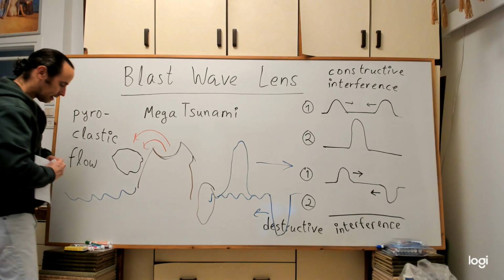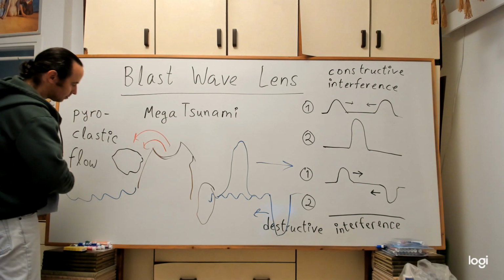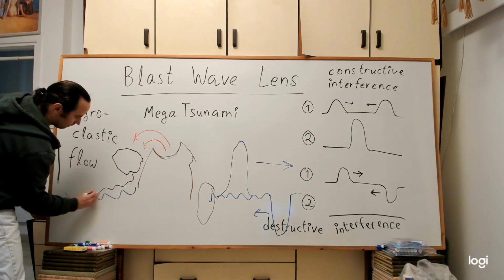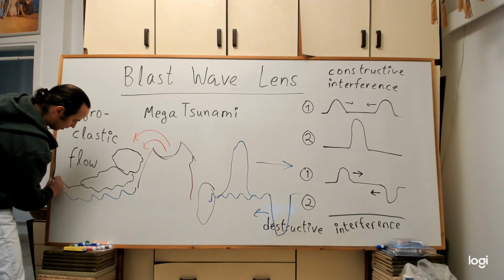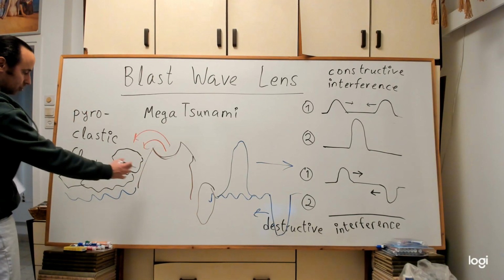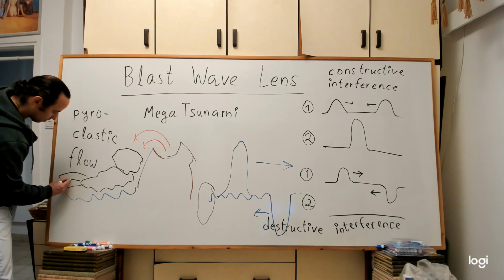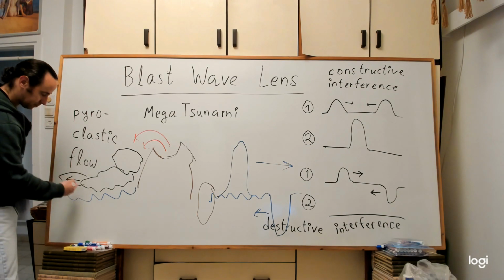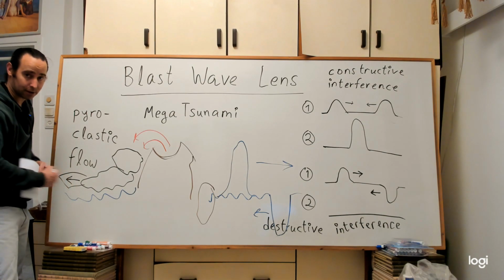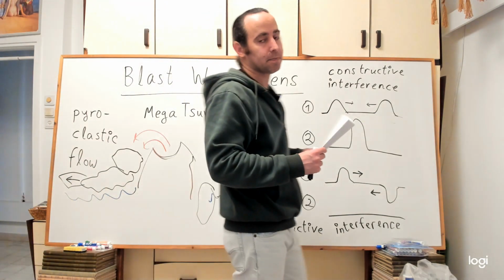Okay, and that cloud can go down and push itself forward and forward. If there is more cloud, then it pushes the next one, and the cloud is moving very fast above the water, on the water. So this is more or less pyroclastic flow.